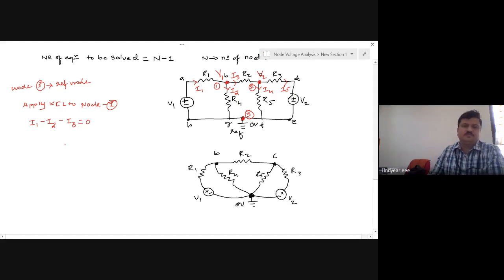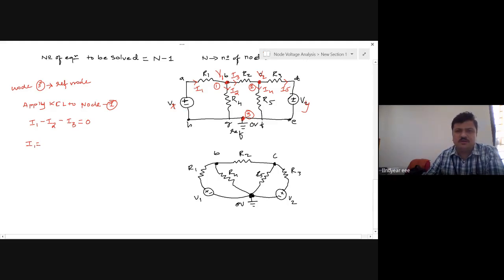Okay. Now, what is current I1? Let me take this as Vx. Let me take this as V1, because V1 and V2 are the other node voltages also.